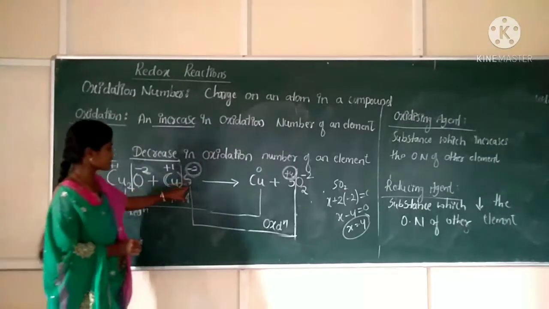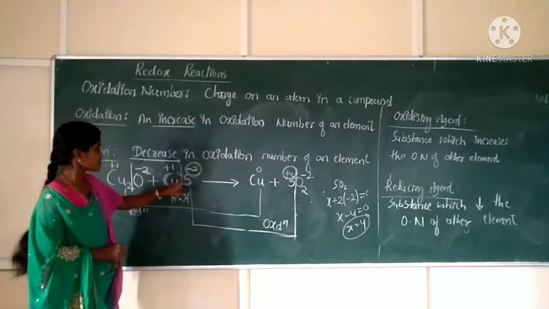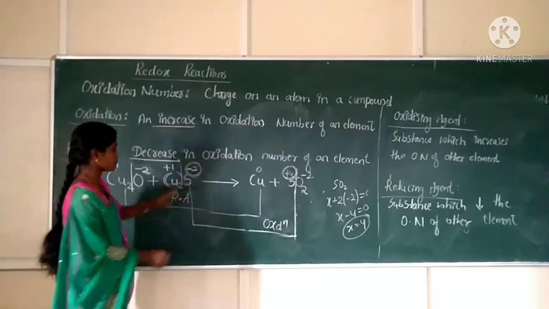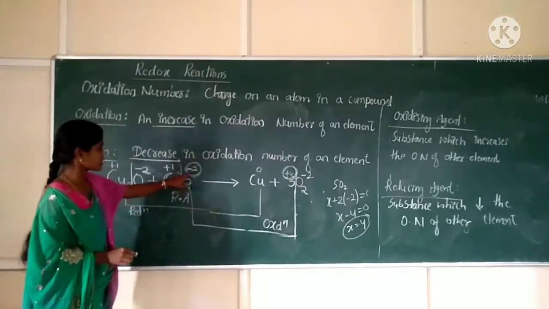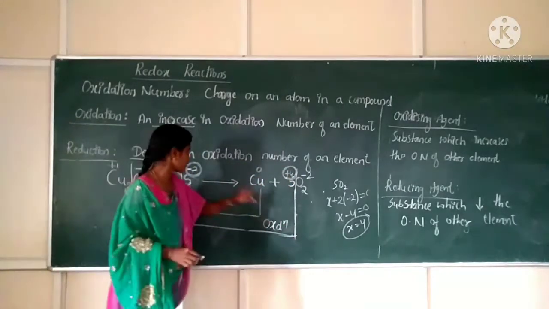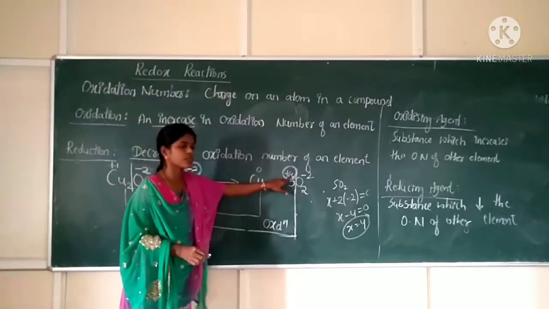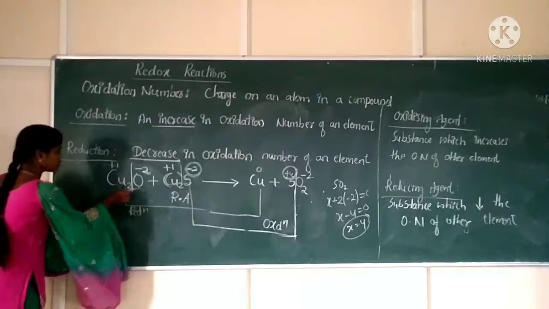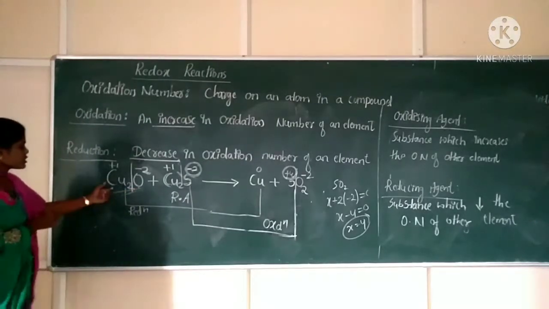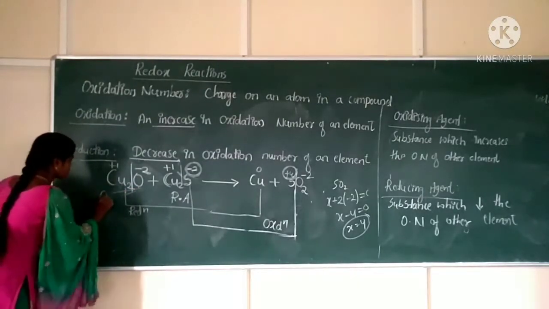Next, sulfur is increasing its oxidation number from -2 to +4. For this increase in oxidation number of sulfur, which is helping? Cu2O is helping. So Cu2O can be called an oxidizing agent.